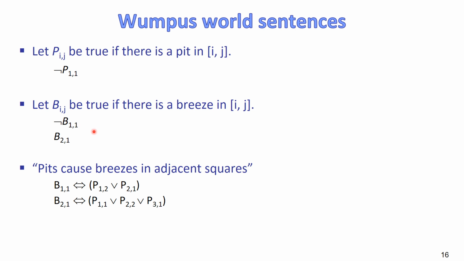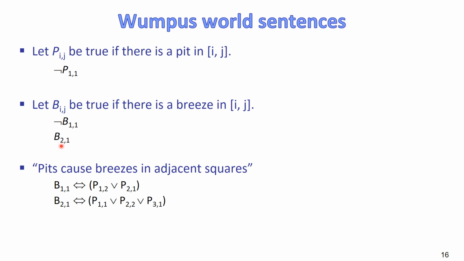Also, we want a way to represent in the knowledge base the sensed values that we sense. Whenever we get into a room, we sense a breeze or we don't sense a breeze. Same with stench. So we need to add that to the knowledge base. For example, not B11 means that we didn't sense a breeze in room 11.